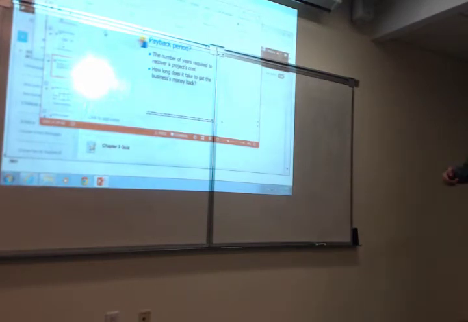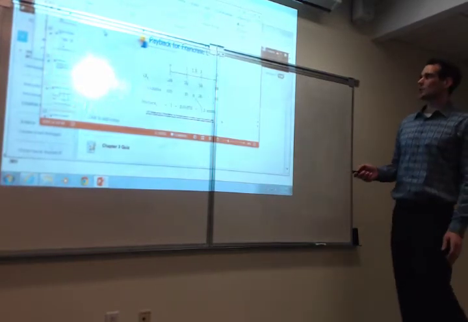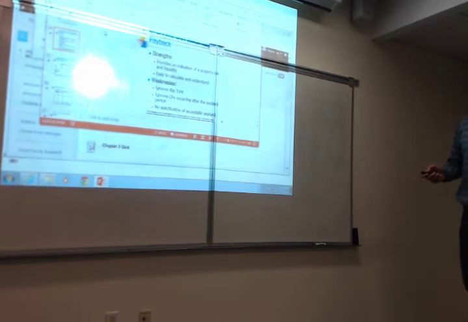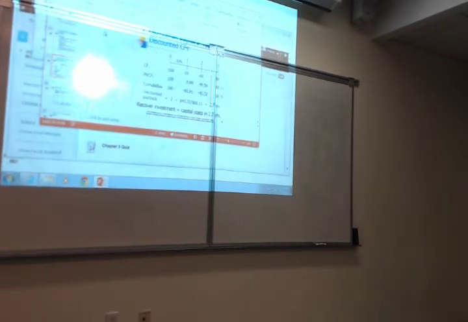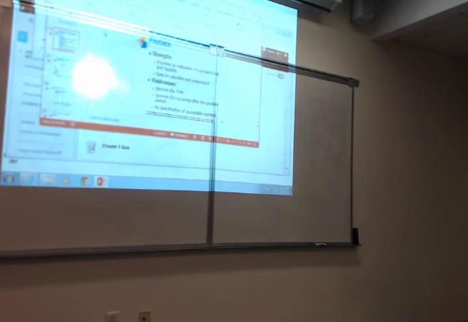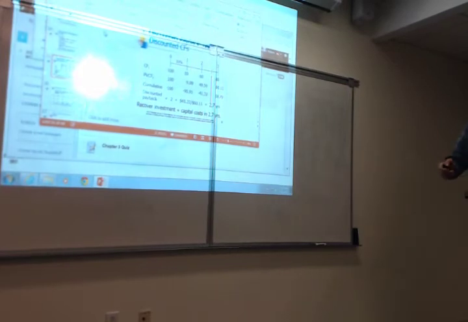To make it a little more financially accurate, you could use the discounted payback, which just means you put the future cash flows in present value terms, and then you calculate how long it's going to take you to get your money back in present value terms.